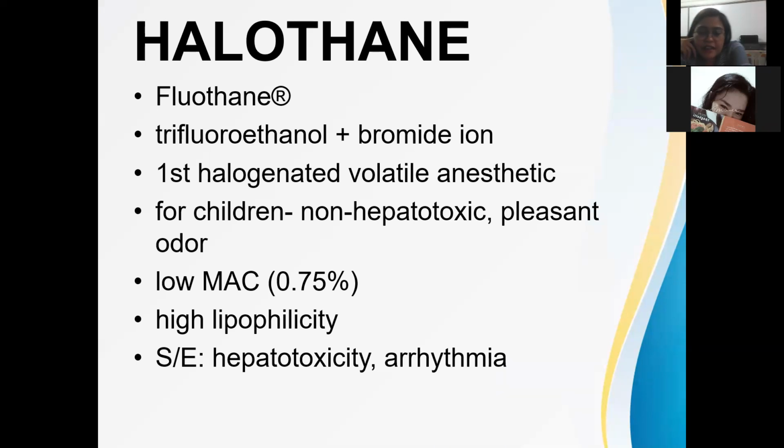Adverse effect, again, it is hepatotoxic for adults but not in children. And it can cause arrhythmia, since our general anesthetics affect our cells, they can slow down our cells, so the cardiovascular system is not exempted. Most of our general anesthetics are toxic to the heart.